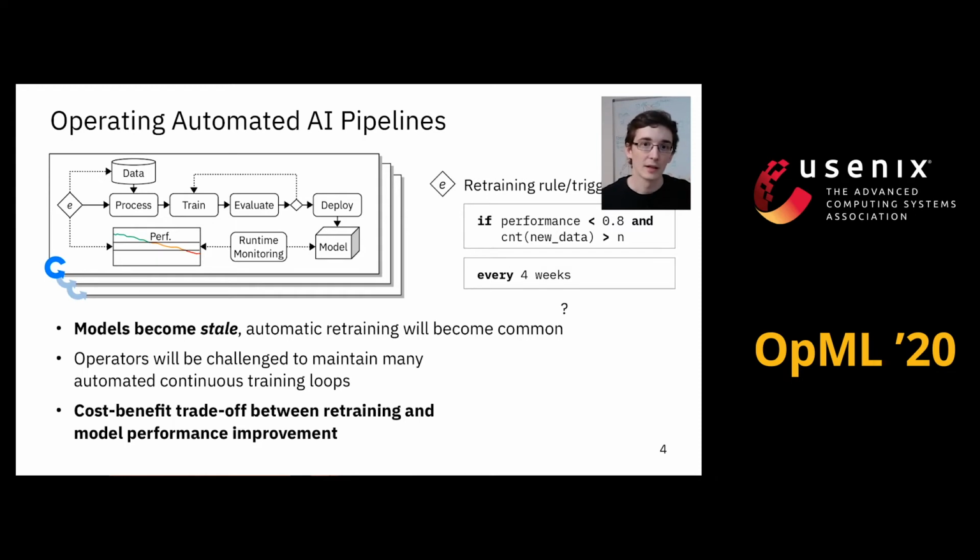So it's clear that platforms will have many of these pipelines waiting to be scheduled, and there's a cost-benefit trade-off between retraining and the model performance gain achieved by running the pipeline. So say a pipeline is scheduled to run every few weeks, but there are no new labeled data available, running the pipeline may not have a significant effect.